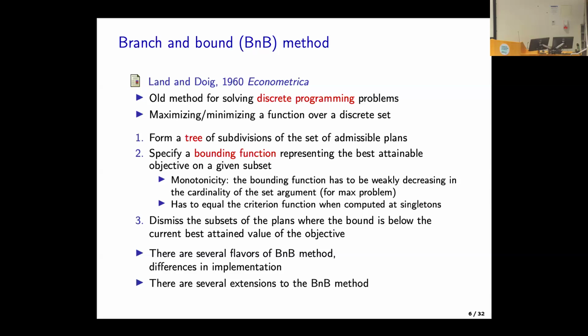So it has to have this monotonicity property. The bounding function has to be weakly decreasing in the cardinality of the subset. This is a mapping from the set of subsets into real numbers. This is for the max problem. And also it has to equal the criterion function if you evaluate it at the singleton.